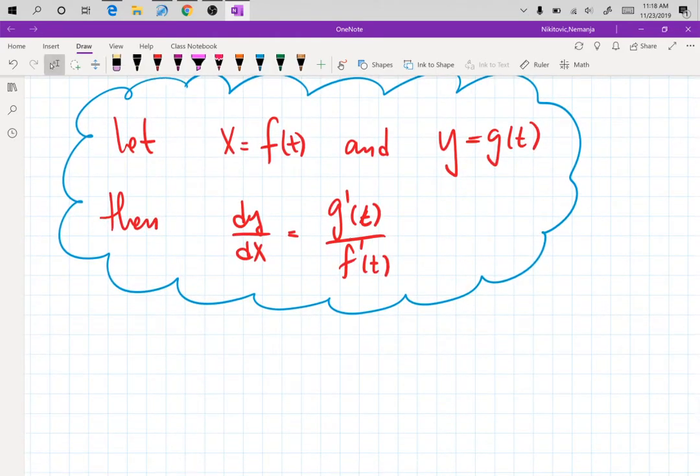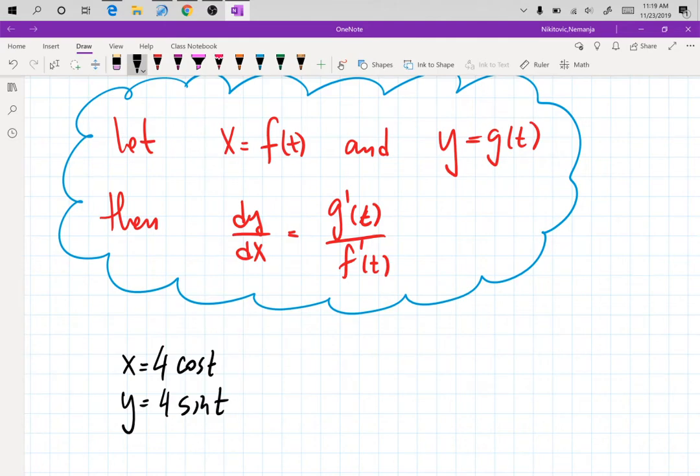So now, what's the derivative of a circle? Let's say you have x equals 4 cosine t, y equals 4 sine t. And you want to find the derivative. Well, the derivative of cosine is going to be negative sine t.